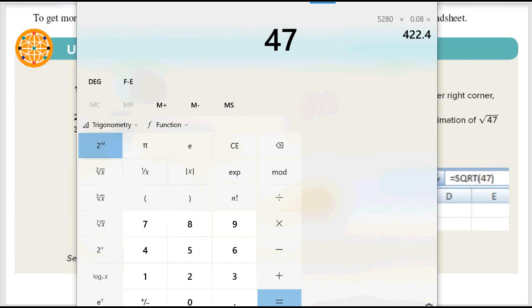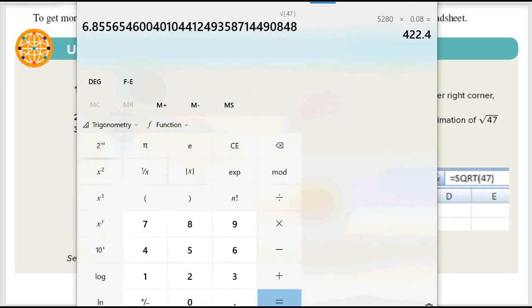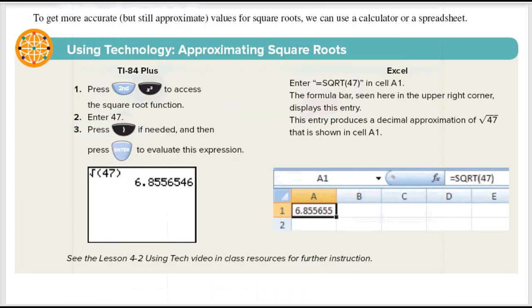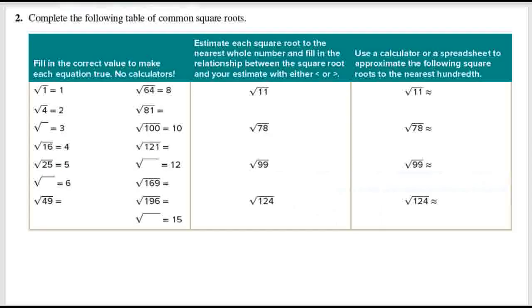Looks a little bit like the divide, but it's straight instead of curved, and it has a 2 there. If the 2 is not there, it means square root. So anyway, I take the square root, 6.855, 6546. So as long as you can do that, you're ready for the lesson.